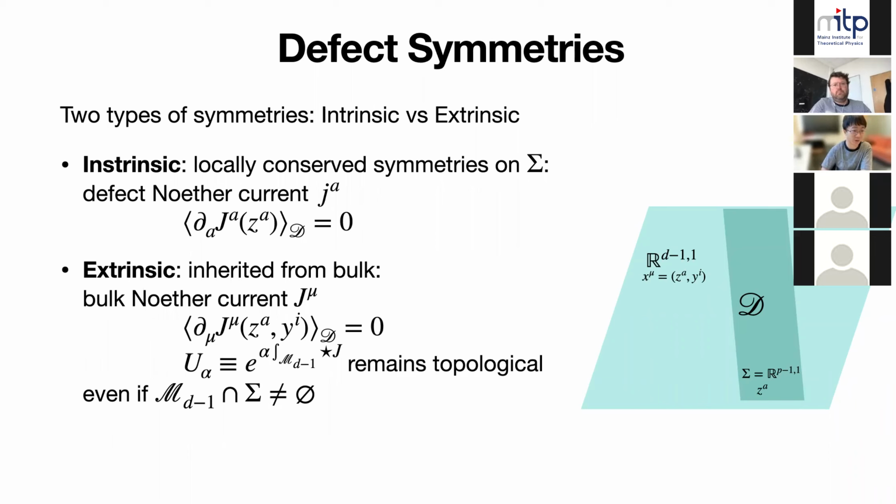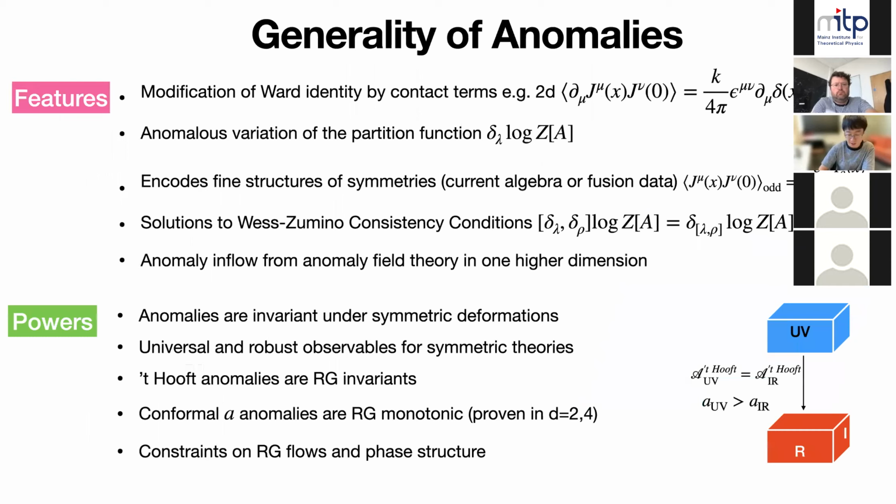Okay, and once you reformulate symmetries in this fashion, you can generalize this to consider topological defects which are not defined this way but still have the topological property. Okay, for example, discrete symmetries and so on.